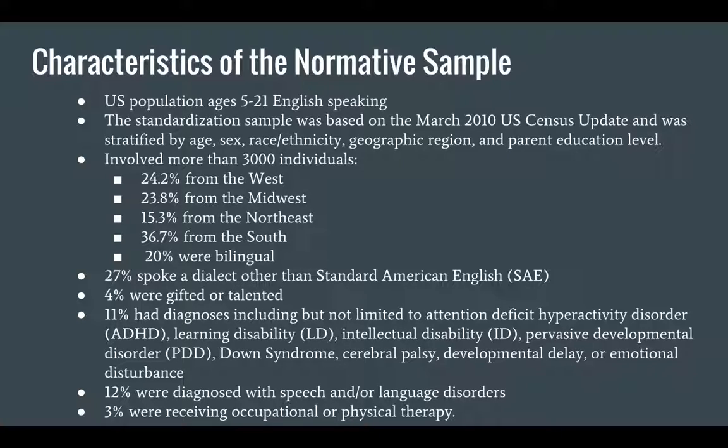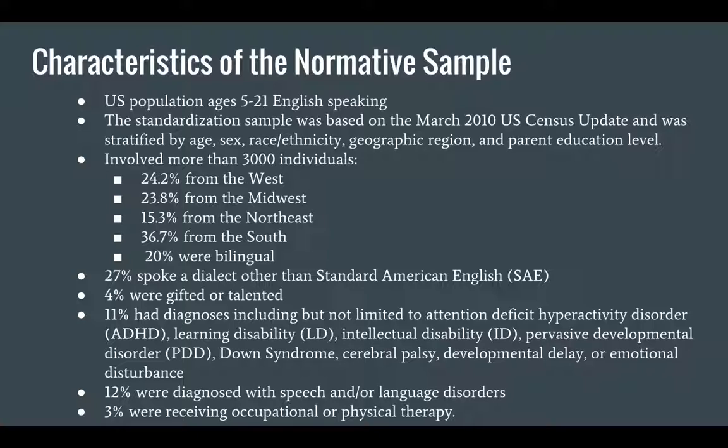So what are the characteristics of the normative sample? Well, it's the U.S. population, ages 5 to 21, and they're all English speaking. The standardization sample was based on the March 2010 U.S. Census update and was stratified by age, sex, race, ethnicity, geographic region, and parent education level.